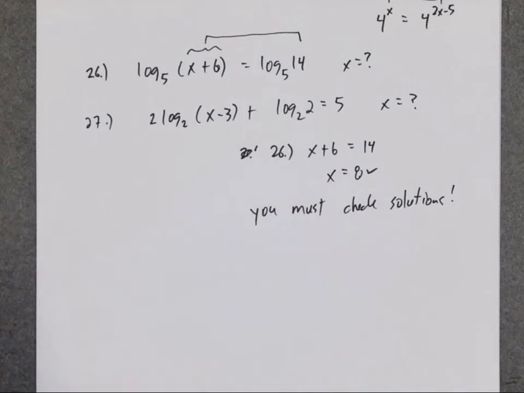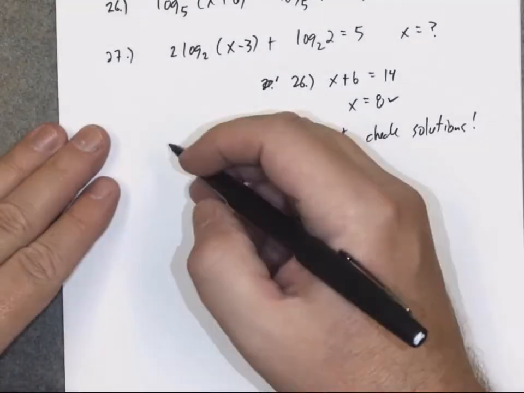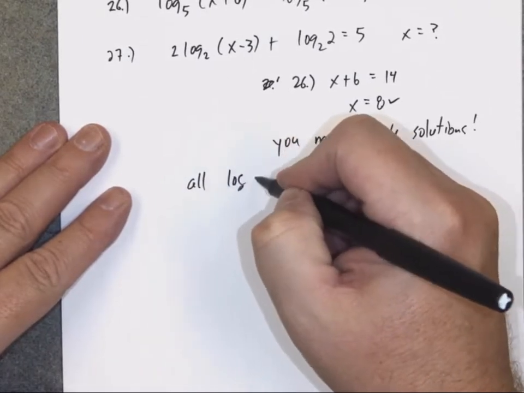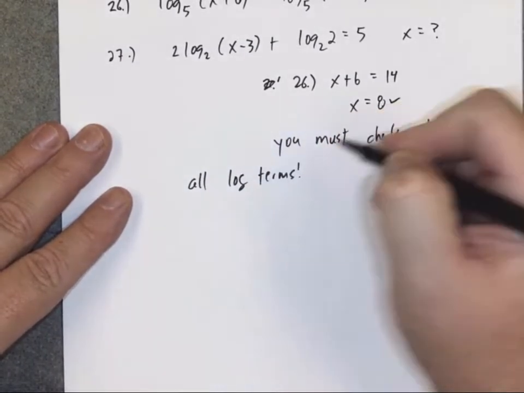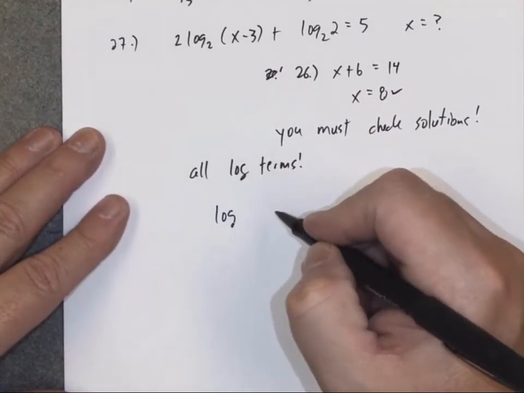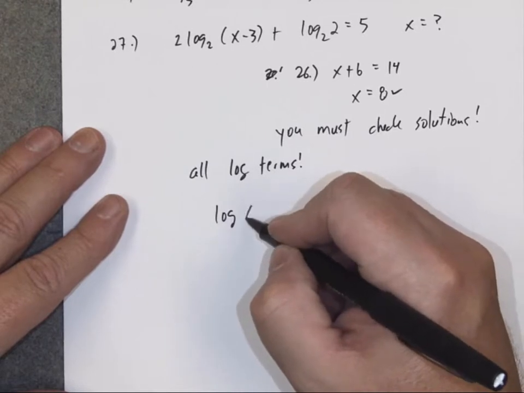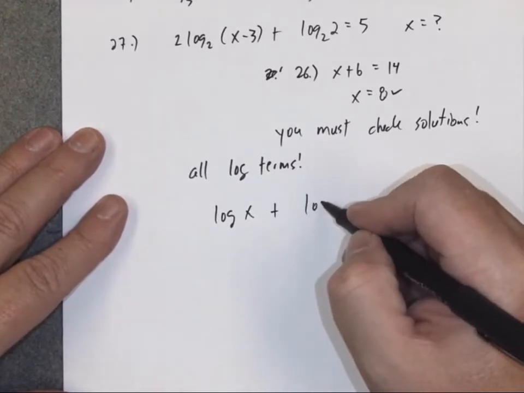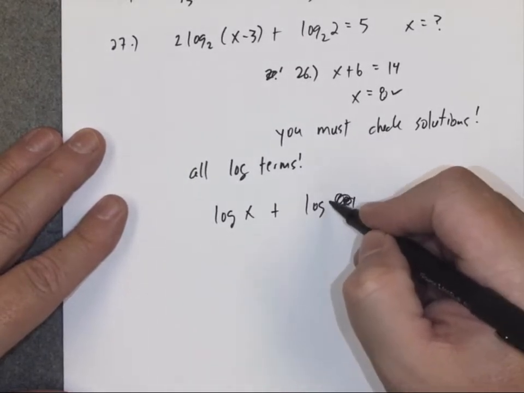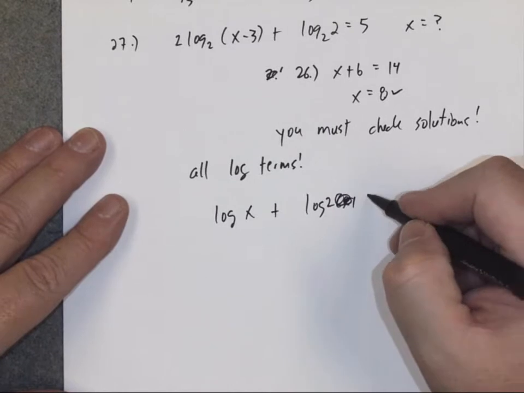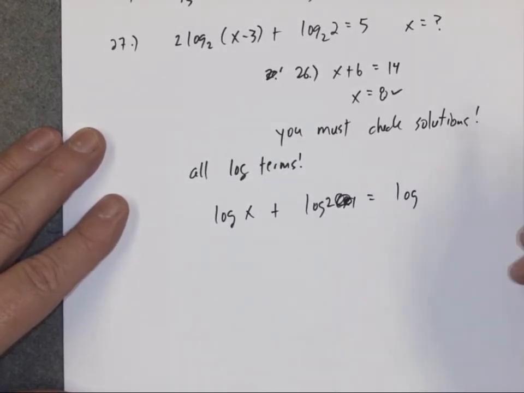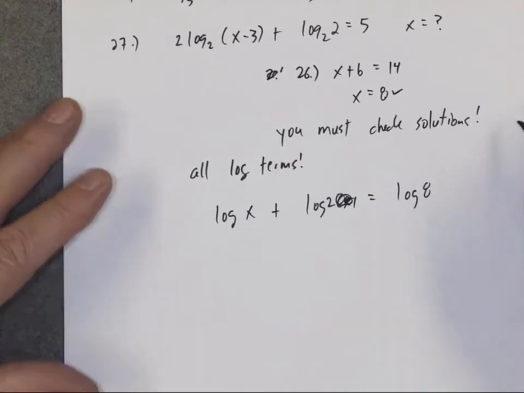So this thinking even applies to some other equations. The key is if you have all log terms. In other words, I could have something like this: log base 10 of x plus log base 10 of x, or log base 10 of, say, 2, just for fun, equals log base 10 of 8.